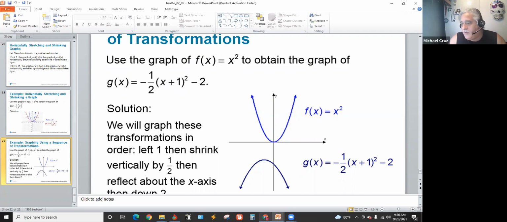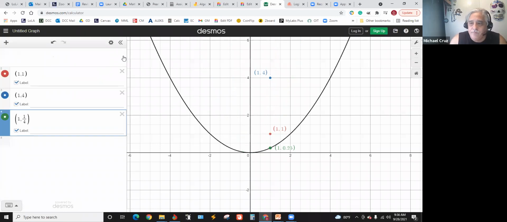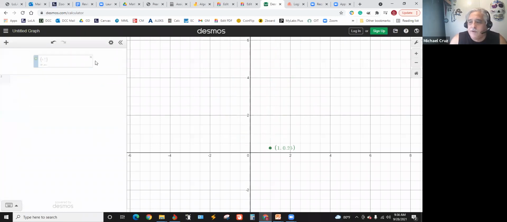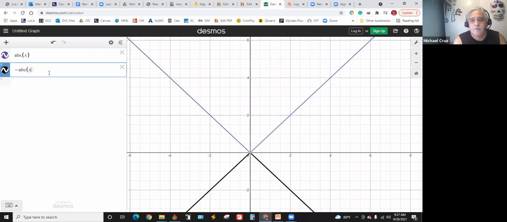I don't like the way this is set up, so let's do it on this little thing with one function, and then we'll be able to see everything. So the first thing I'm going to do is that.